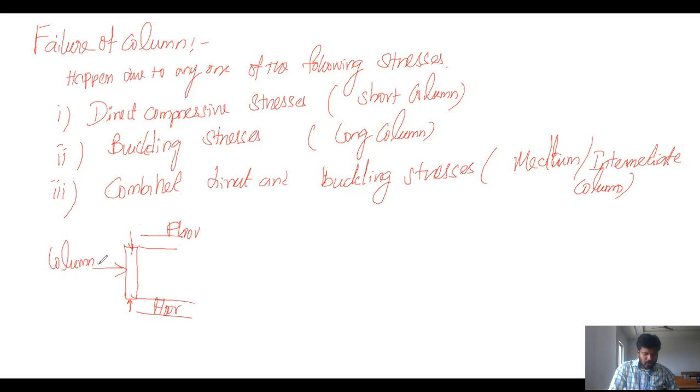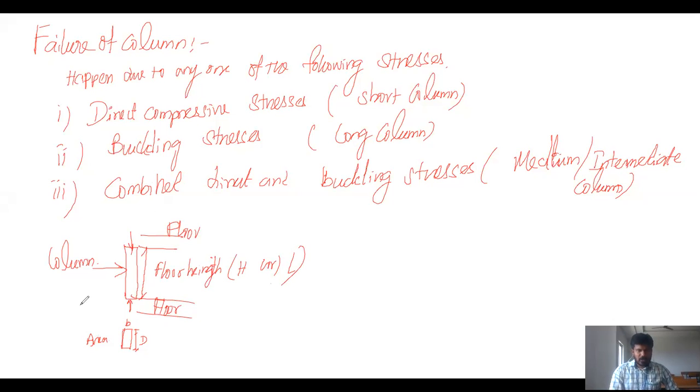If the cross section of column is to be like this, breadth and depth, and this I am going to take as a floor height, floor to floor height, either H or L, length of column.